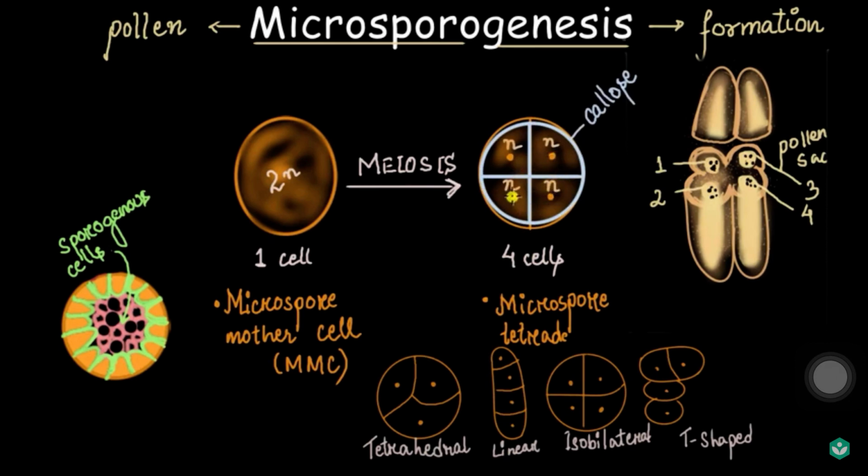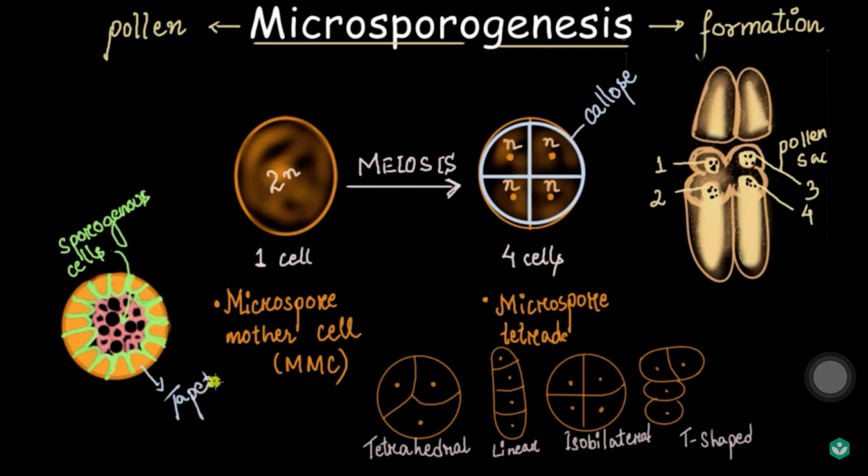Now all these 4 haploid cells develop into individual pollen particles. So these 4 cells will give rise to 4 different pollen grains. So to form individual pollen particles, they need to be freed, right? So for that, we need to dissolve this callose. And who does the dissolving? So it is dissolved by an enzyme which is produced by the tapetum layer. Remember I told you the tapetum has a number of functions.